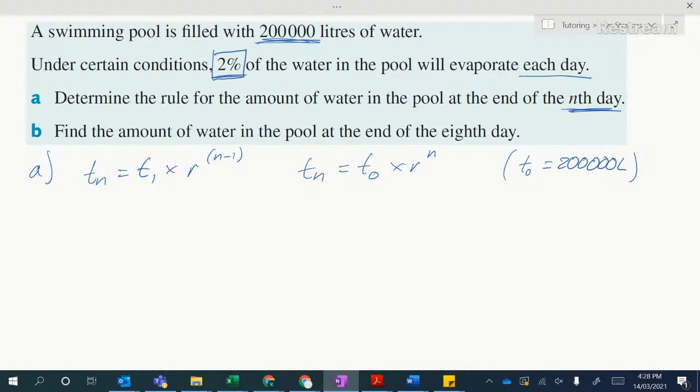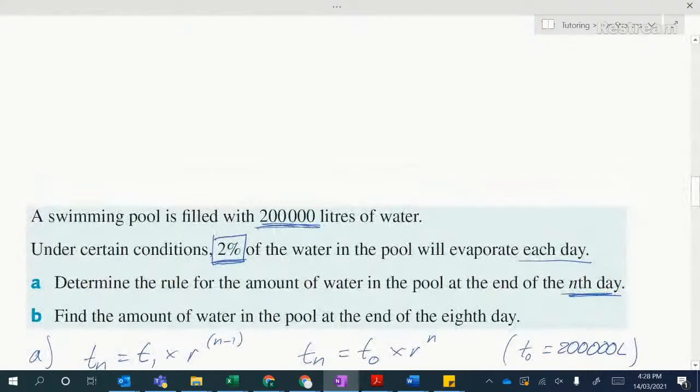Whereas if I start with 200,000 at term 1, then day 1 would be term 2, day 2 would be term 3, day 3 would be term 4. Can you see how confusing that's going to get? So that's why in this particular instance, I'm going to start at T0 instead of T1.